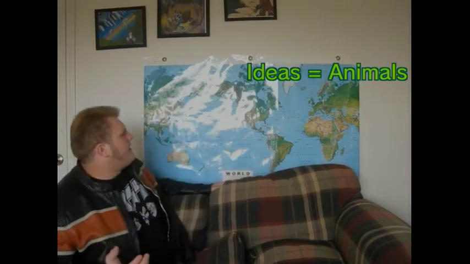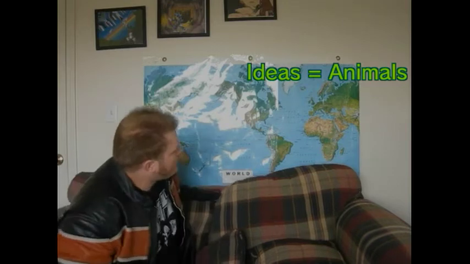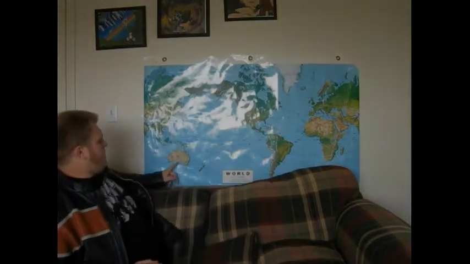Think of an idea as an animal. Animals in Australia, Madagascar, and small islands are very unique because they've had time to evolve in isolation, so they become different because their environment is different, and they can't get to any other environments because they're stuck on these islands.